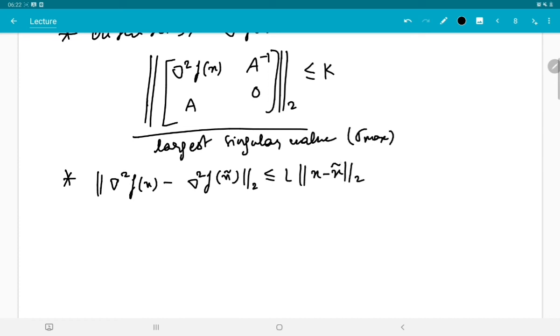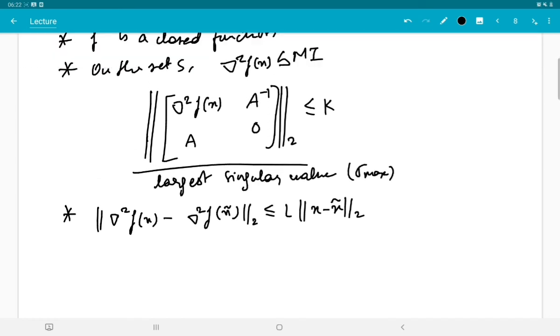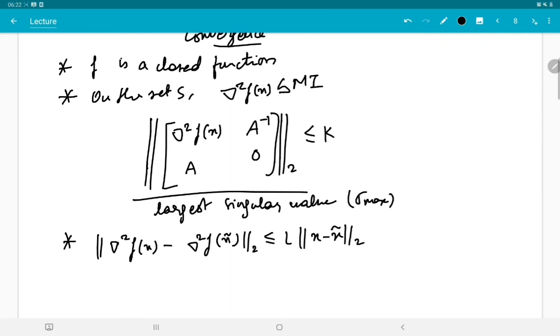So we need to establish that these conditions are equivalent to the conditions that we saw when we were analyzing the convergence of an unconstrained problem.